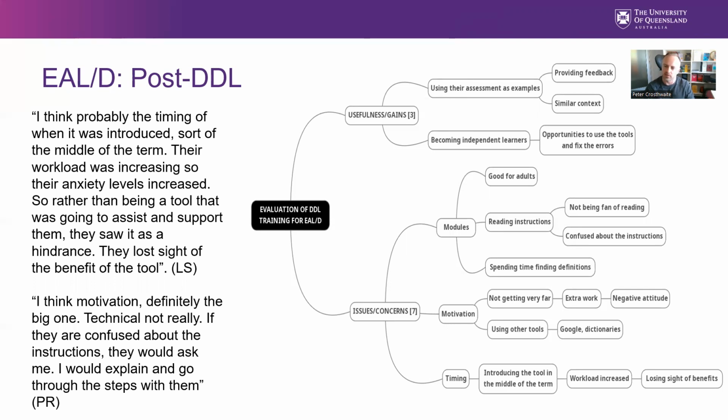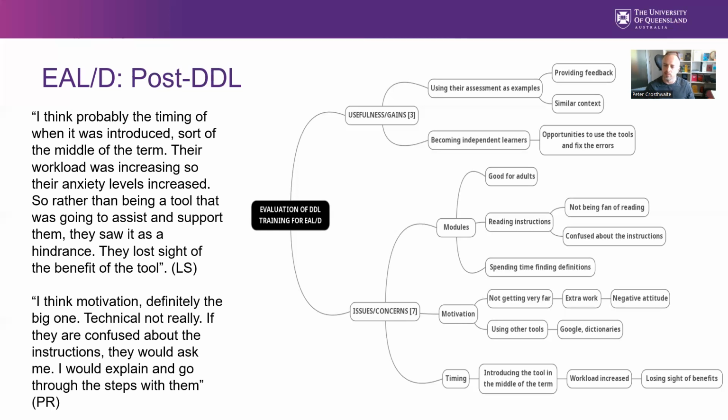The students began to develop a negative attitude towards the intervention and reverted back to other tools that they were already used to working with, such as Google or translation dictionaries. They also felt that the timing of the intervention was an issue.